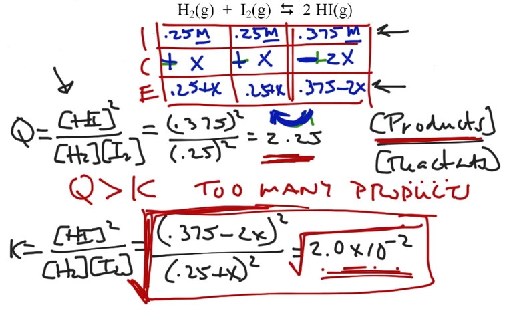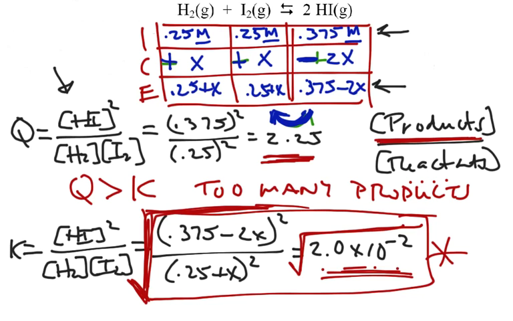So this is a 2 times 10 to the minus 2, square root of that will be about 1.89 times 10 to the negative 1. And I'm going to have 0.375 minus 2x over 0.25 plus x, and it's a matter of simplifying this expression, getting the x's together and all that. Okay, so that's the algebra that you are required to do.